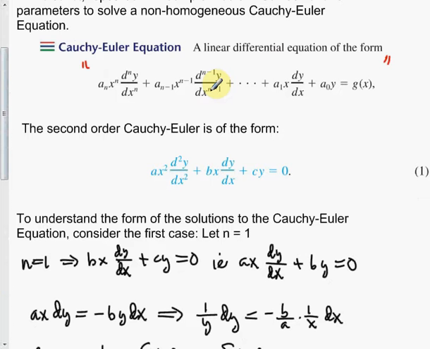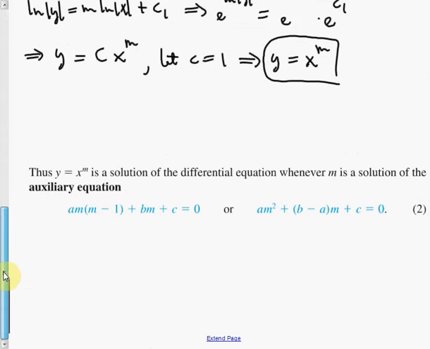Right? So that's what changes the solutions dramatically. So thus y equal to x to the m is a solution of a differential equation where m is a solution of some auxiliary equation. Well, why is that?